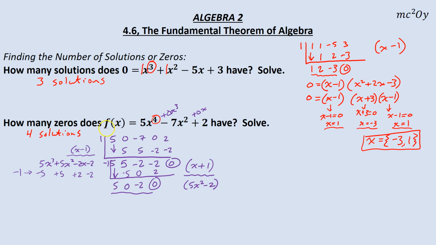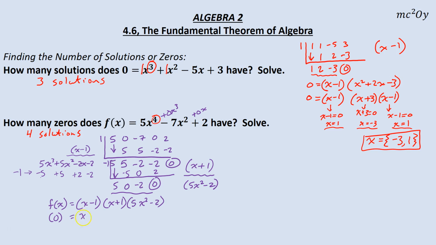So what I have now is f of x is equal to x minus 1 times x plus 1 times 5x squared minus 2.